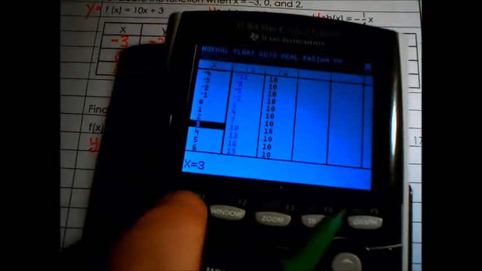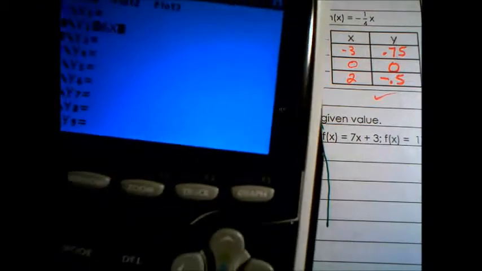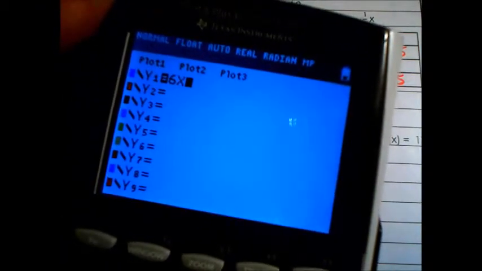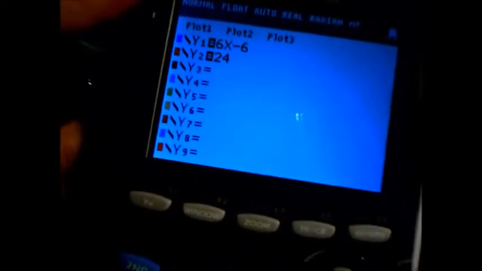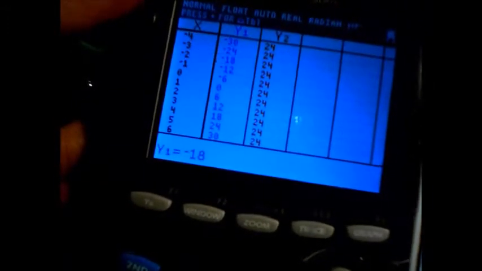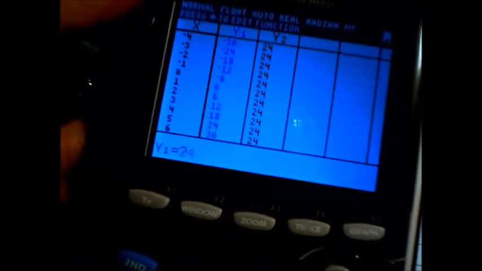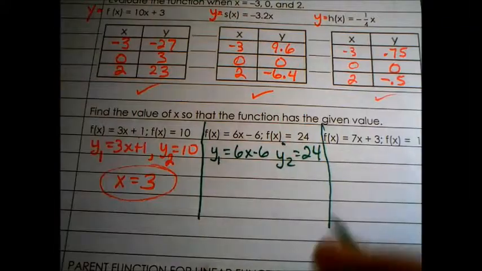So I'm going to go back to my y equals and put in 6x minus 6 and 24. And go to my table, and I'm looking for 24, right there. I have 24 on both columns. My answer is a 5.